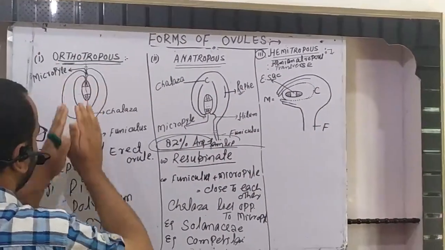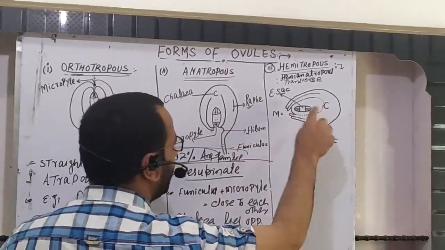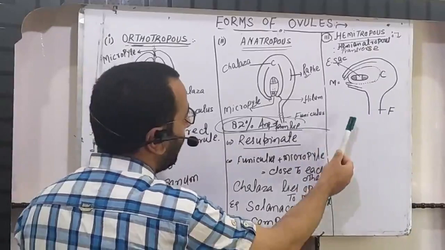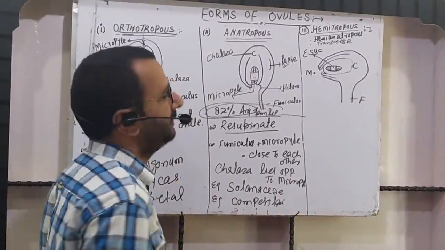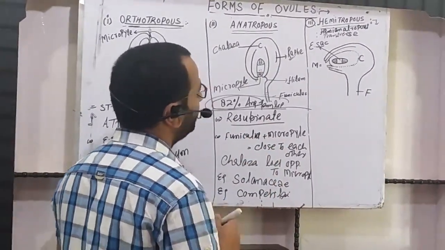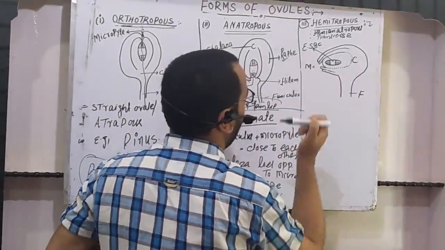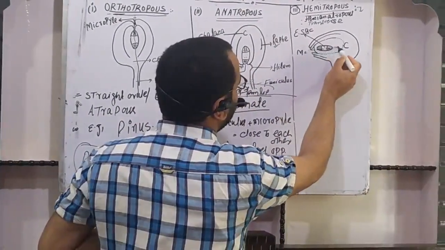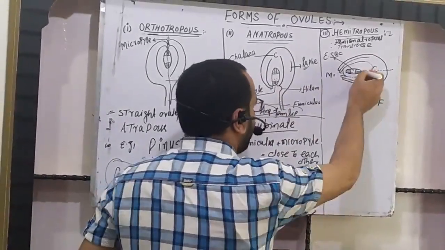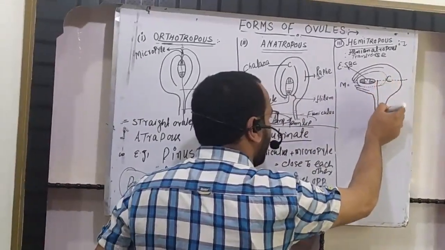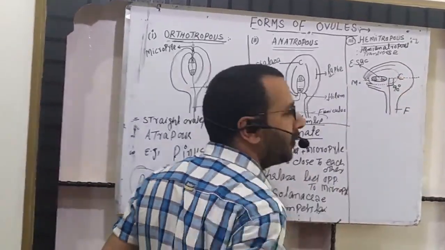If this one is straight, this one is fully curved, fully bent, and this is bent up to the half. So this ovule lies intermediate between this one and this one. And you can see in this type of ovule, here M means micropyle, this is chalaza. Micropyle and chalaza lie on a common transverse line, while the body of the ovule lies at 90 degree angles with funiculus.